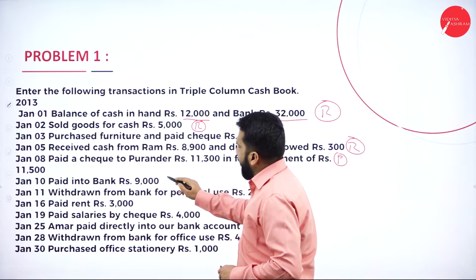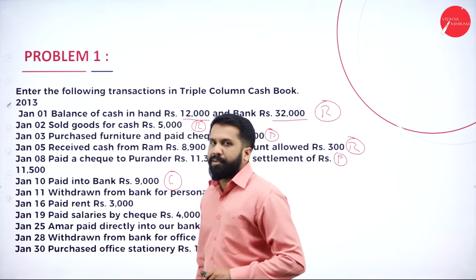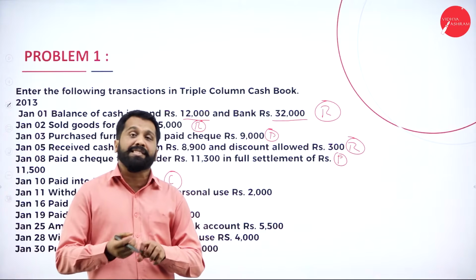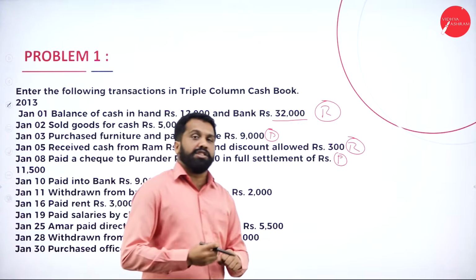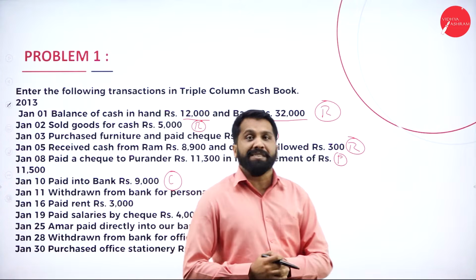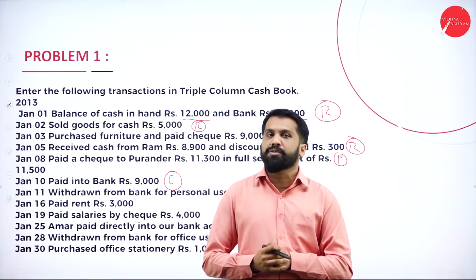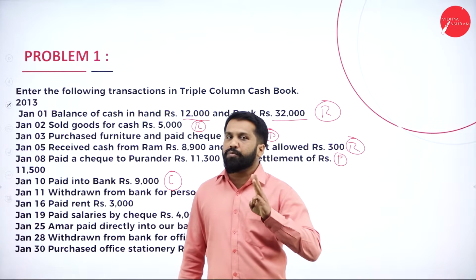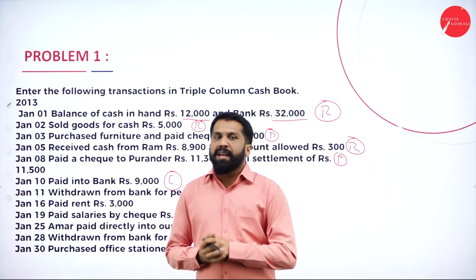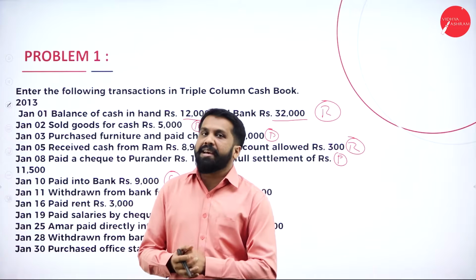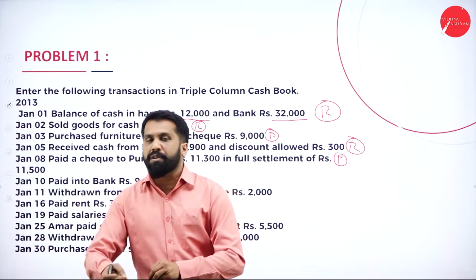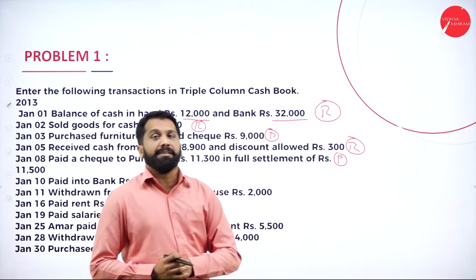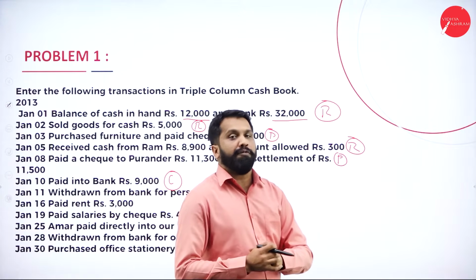Paid into bank. This we call contra. Anything which is received from bank, anything which is paid to bank, or anything which is withdrawn for office use. In the last session, I explained these three things we call contra. Anything received from bank, anything deposited into bank, and anything withdrawn for office use.